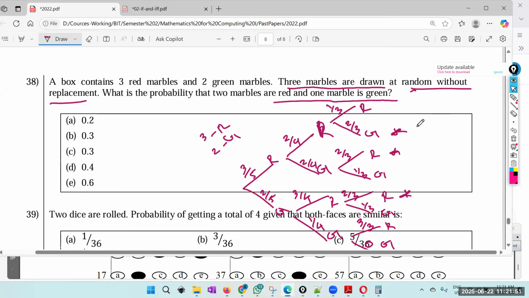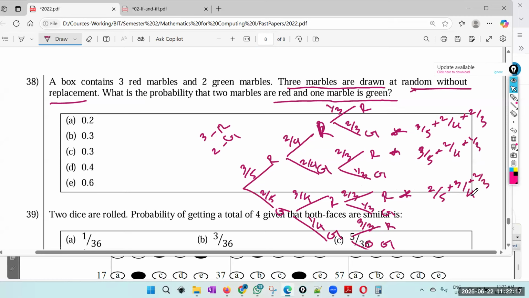This is 3 by 5 into 2 by 4 into 2 by 3. This is 3 by 5 into 2 by 4 into 1 by 3. And this one, 2 by 5 into 3 by 4 into 2 by 3.